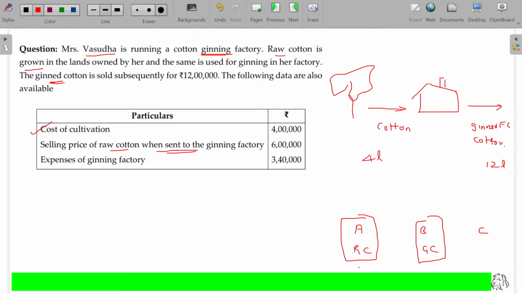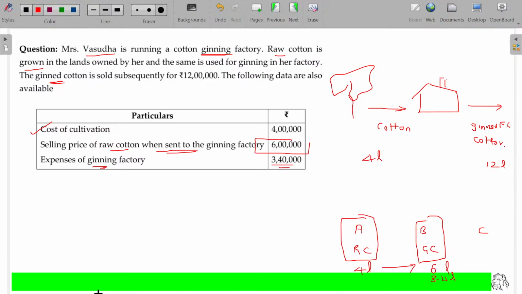Assume that the cultivation cost is 4 lakhs and expenses in the ginning factory, to convert the raw cotton into ginned cotton, are 3.4 lakhs. Apart from that, the ginning factory needs raw material, which is purchased from A. Though the cost of cultivating the raw cotton is 4 lakhs, it could be sold at the market rate of 6 lakhs.